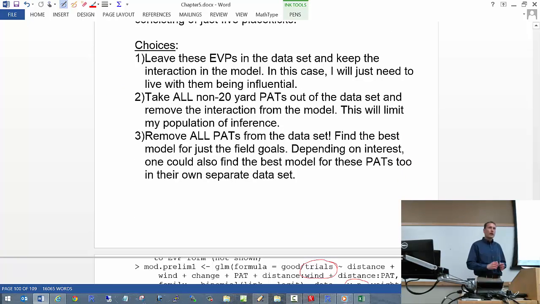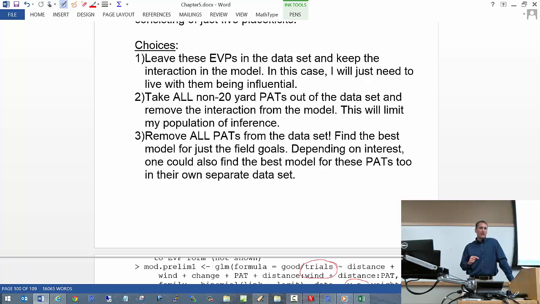So here are 3 possible choices. Well, before I get to these, the first thing that you should do, and this should be in the notes but it's not, is put number 119 and 120 back in your data set and re-estimate the model without that distance and PAT interaction, and look what happens.